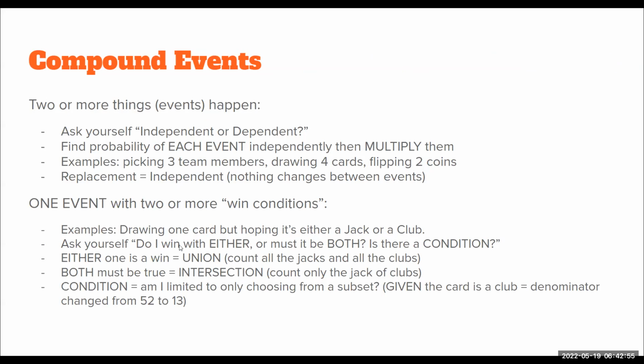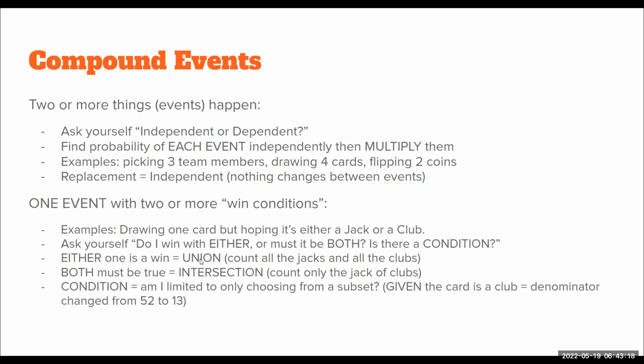But you need to ask yourself, do I win if it's either one of those, or does it have to be both? Did they say it must be a jack of clubs, a jack and a club? Or is it okay if it's either a jack or a club? And then the other question you have to ask yourself, is there a condition? So if they say either, that's a union.